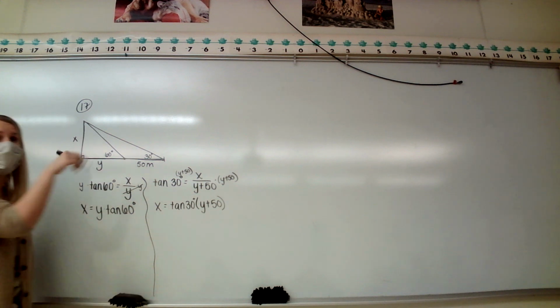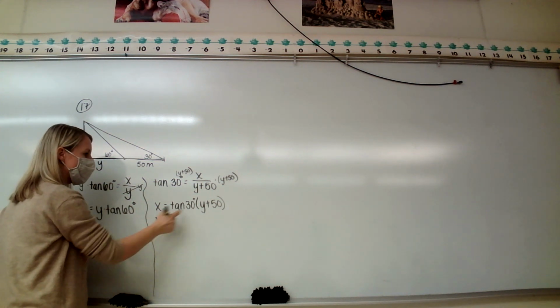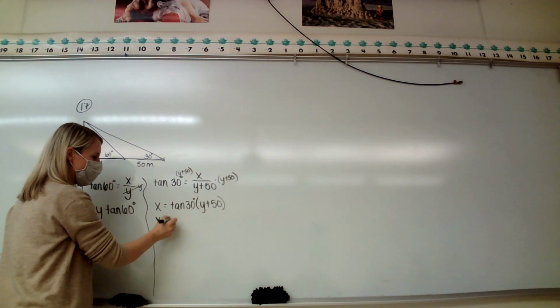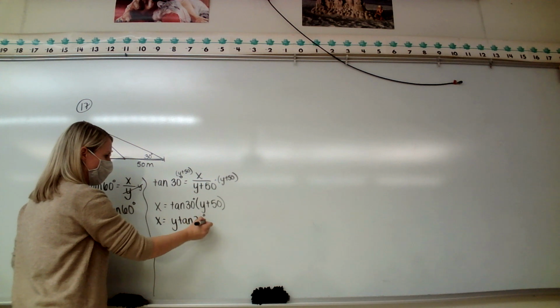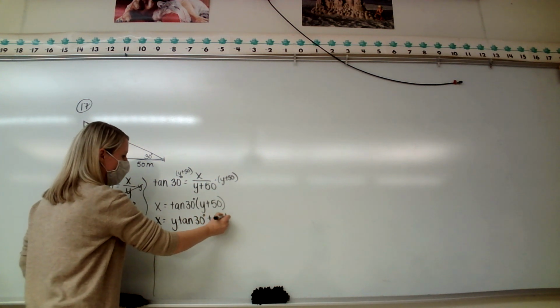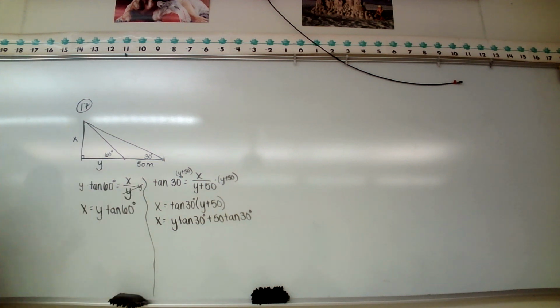And I'm going to distribute into that. I don't want to keep it like that. So I'm going to write it as y tangent 30 plus 50 tangent 30. I'm going to pause after this as well. I'll give you a second.